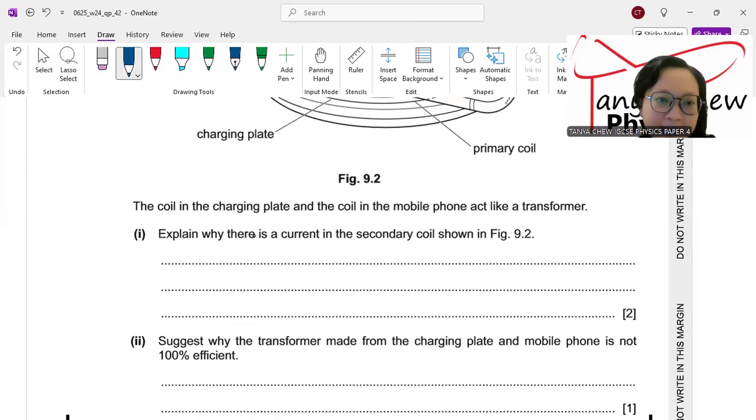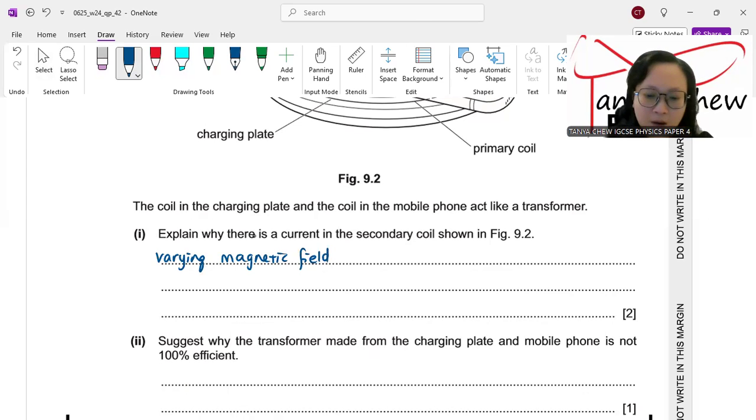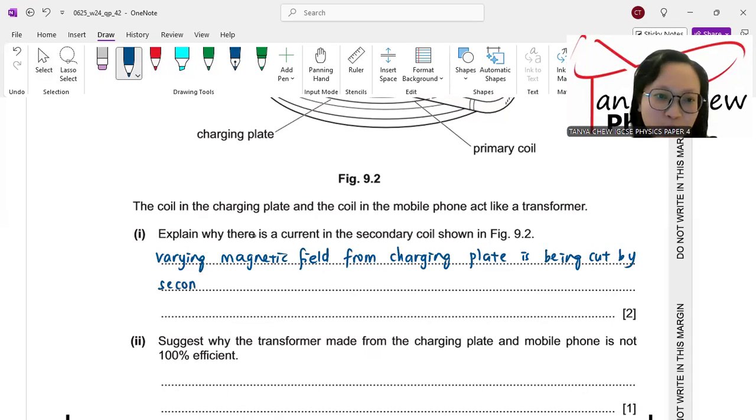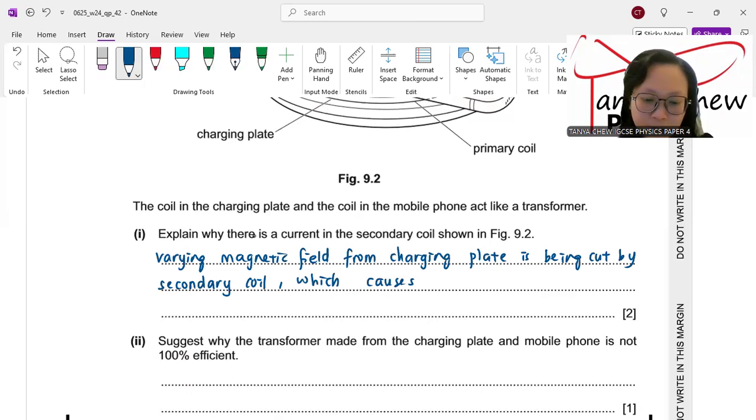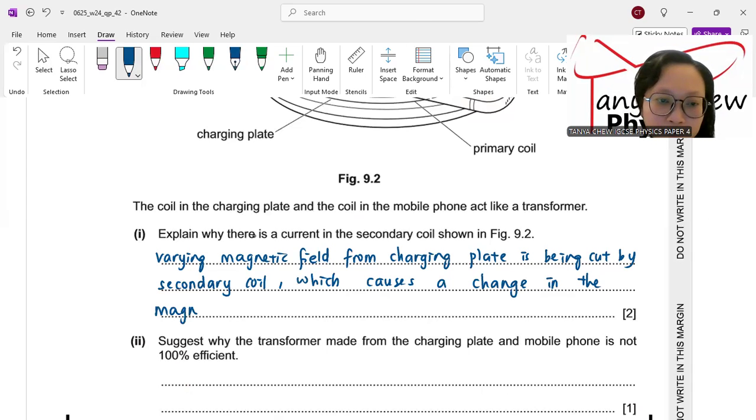I would say that the varying magnetic field from the charging plate is being cut by the secondary coil, which causes a change in the magnetic field.